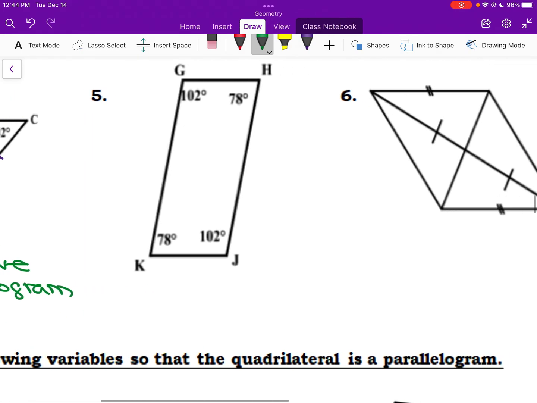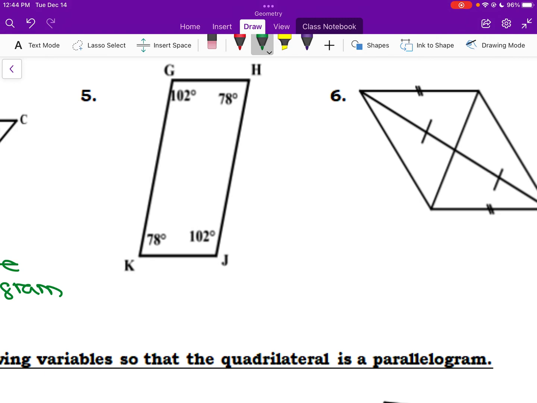Cool. Okay, number 5. Notice now we have an angle of 102 and angle J is 102, so those are opposite angles which are congruent. Then also I have angle K and angle H, which are both 78 degrees, opposite angles, and they are congruent, right? So this would also be enough information.